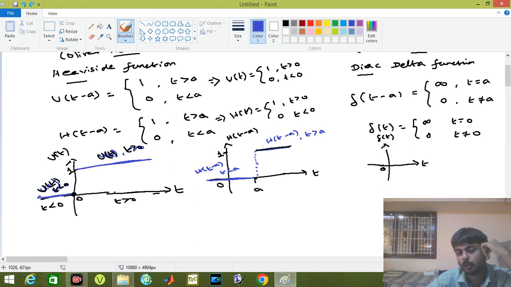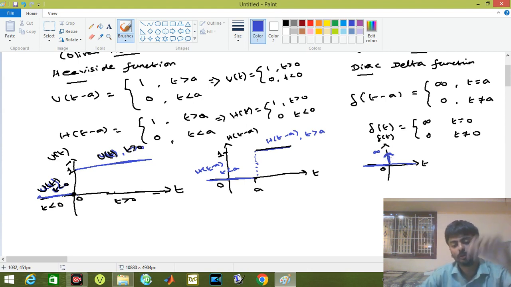So if it is infinity somewhere here, for all other values it is 0. For t equal to 0 alone, you will have the value, that is, it becomes infinity.